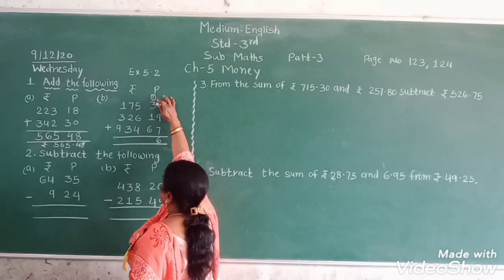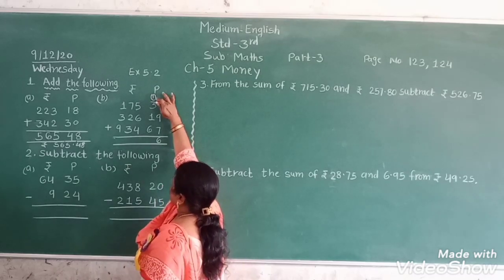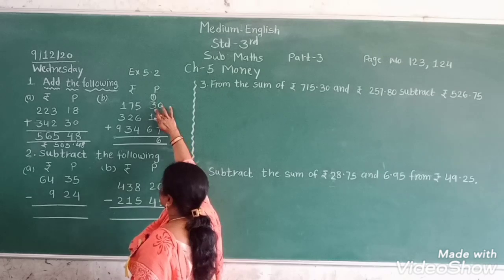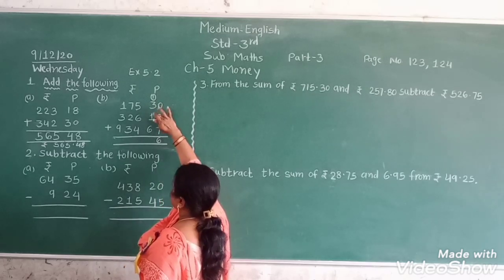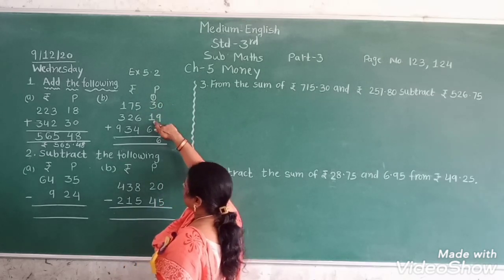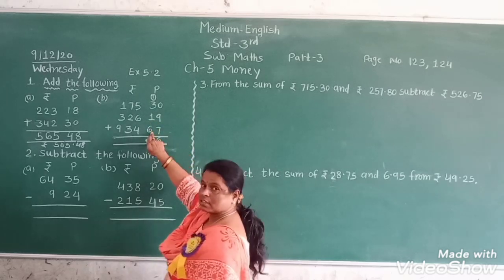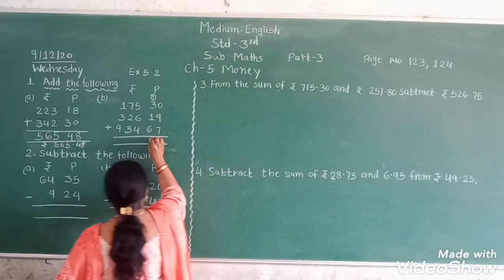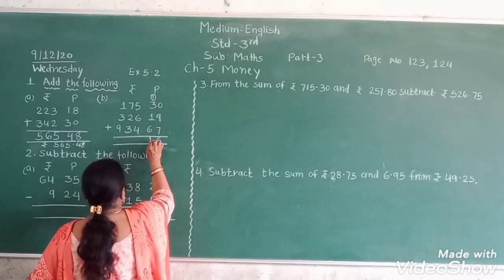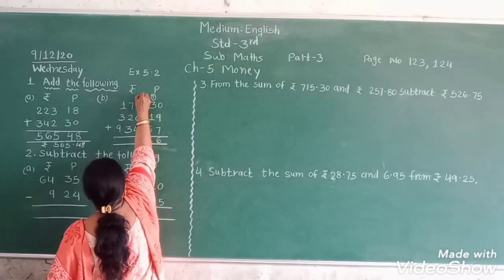Okay, now 1 and 3, 4, 4 and 1, 5, 5 and 6, 11. So, 1 write here and 1 carry.